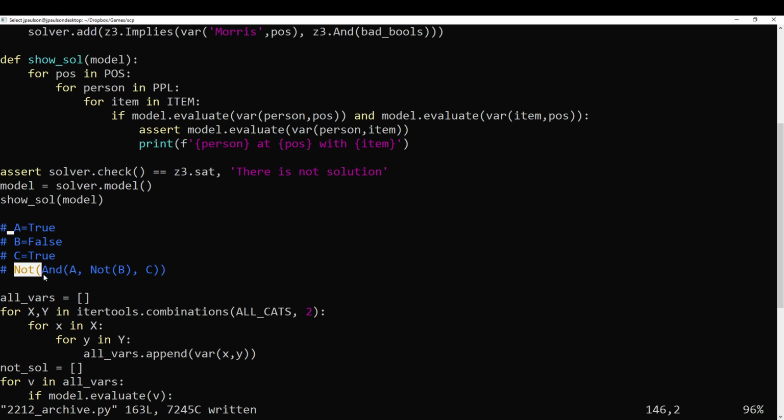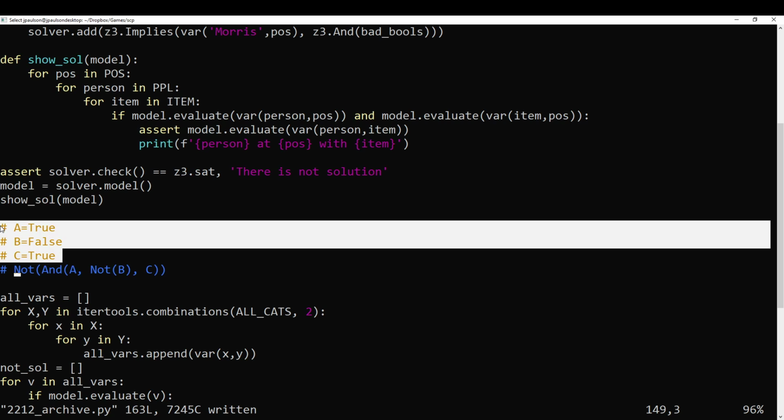And we can also have written this with an or, using De Morgan's law. Anyway, this is like telling it don't output the same solution, right? If you expand this with De Morgan's law, it says not A or not B or not C, right?